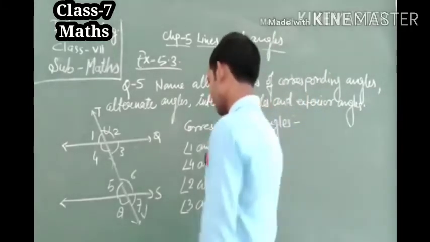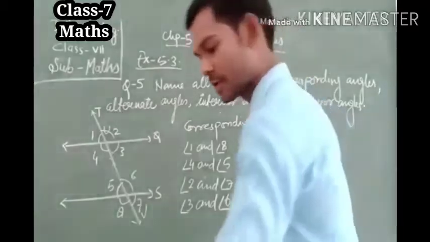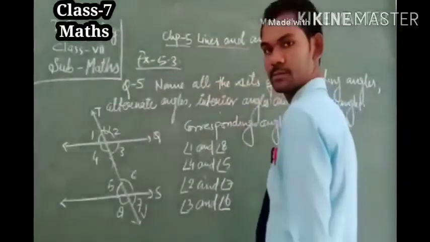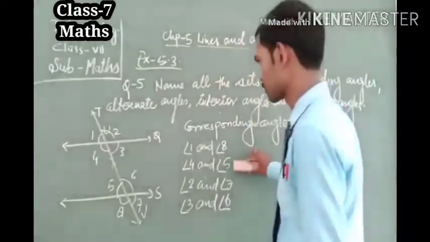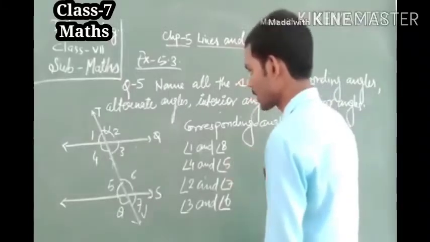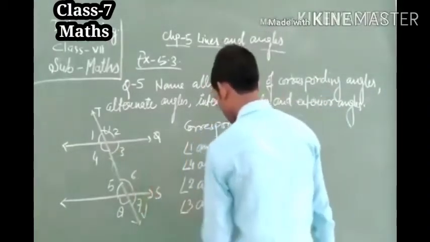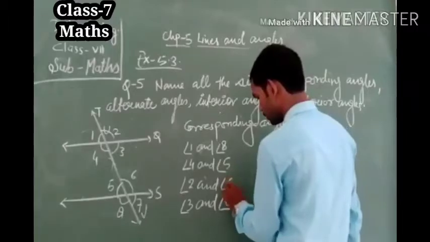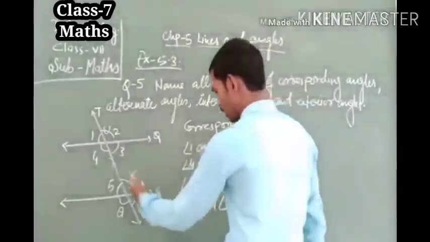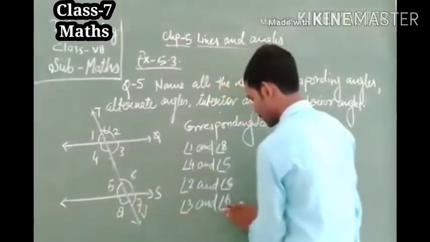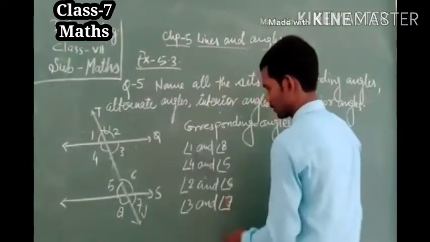Sorry, here is a little mistake. Angle 2 and angle 6 are corresponding angles, and angle 3 and angle 7 are corresponding angles.